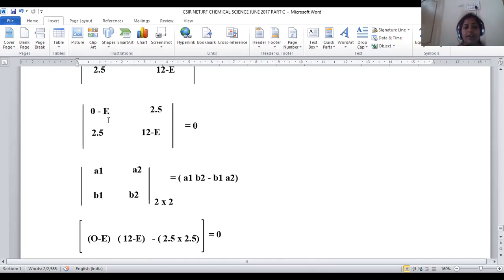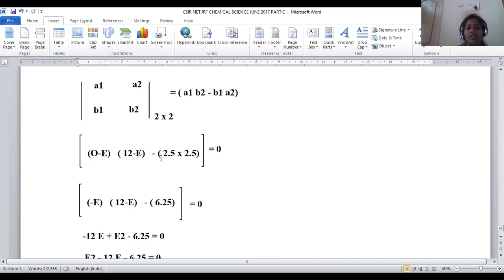So let us apply this to the equation: 0 minus E into 12 minus E, minus 2.5 into 2.5.